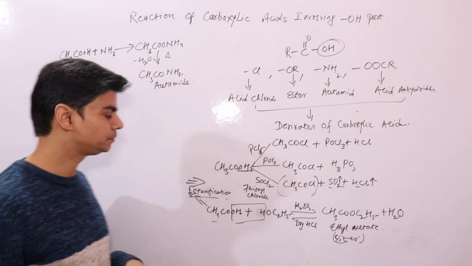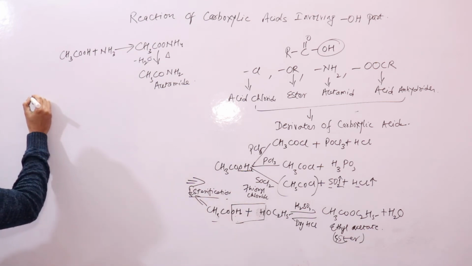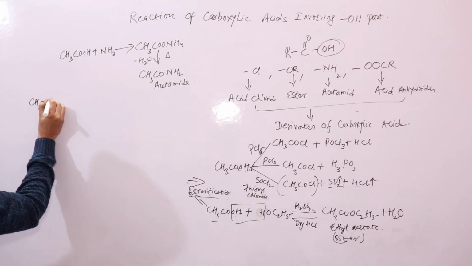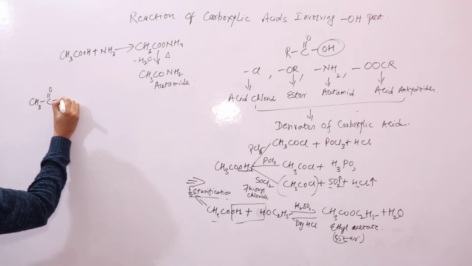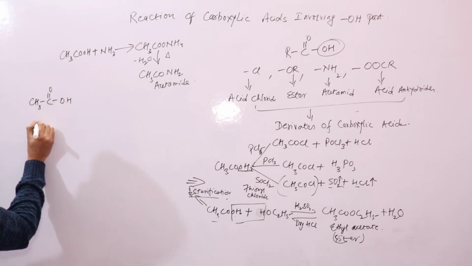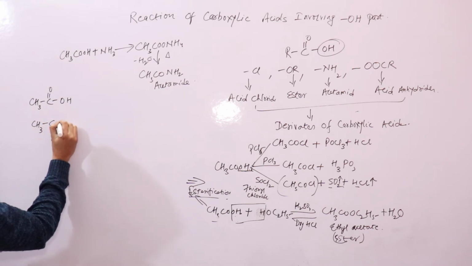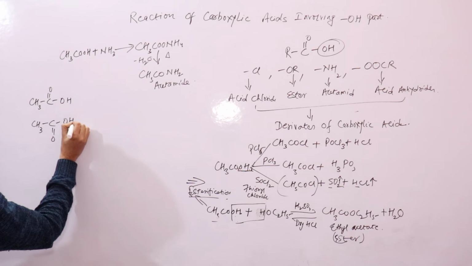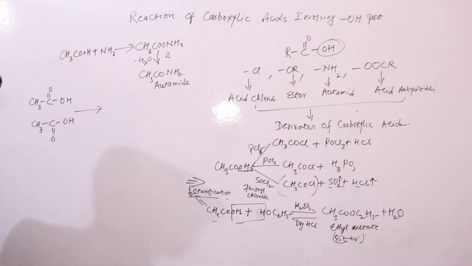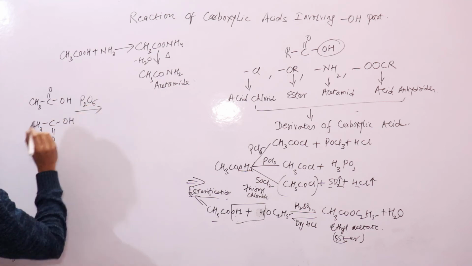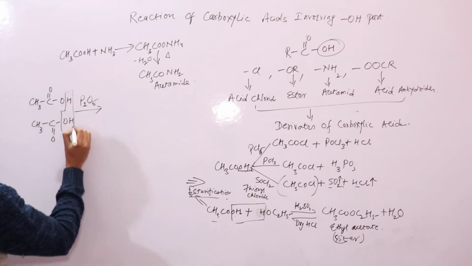So here you have, let's say, CH3COOH, two molecules of acetic acid we will take, and in the presence of a dehydrating agent, phosphorus pentoxide, it will lose a water molecule like this.